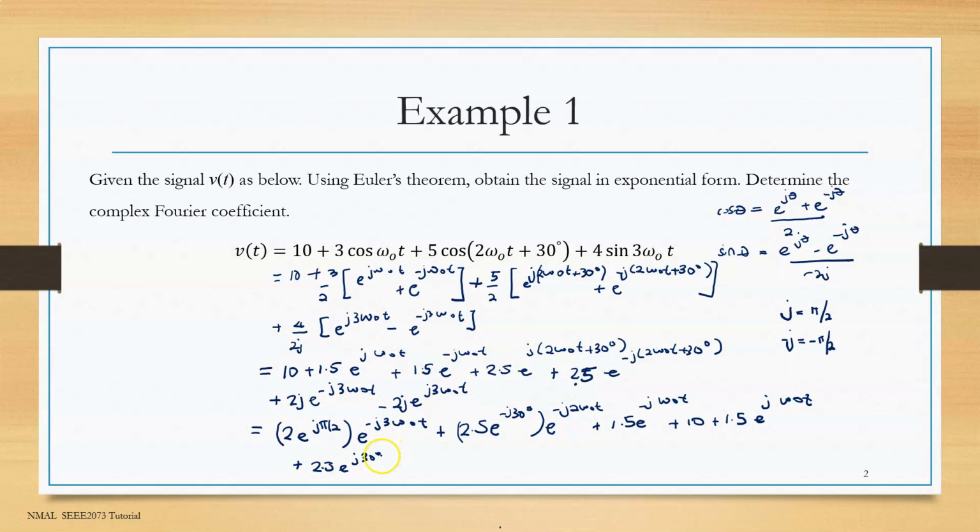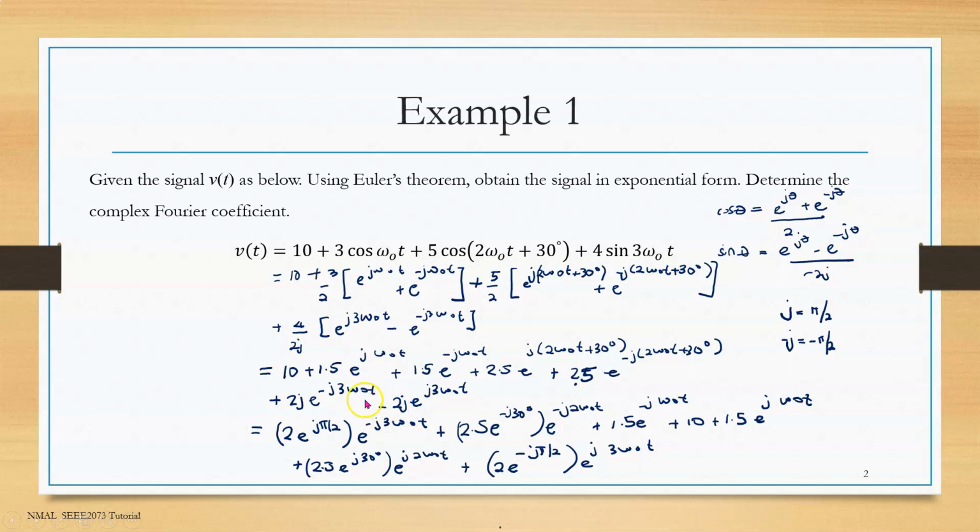This is the positive part, multiplied by e^(j2 omega naught t). So this is from here. And then plus 2 e^(-j pi over 2) e^(j3 omega naught t), and this is from here.